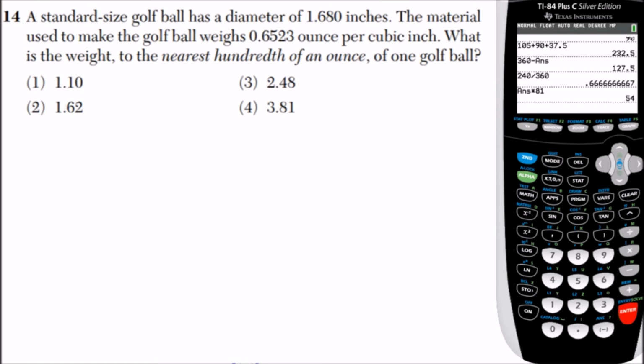All right, now they're giving us the density of the golf ball, which is going to help us find the weight. So we have 0.6523 ounces per cubic inch. And we want to know what's the weight of the golf ball to the nearest hundredth of an ounce.